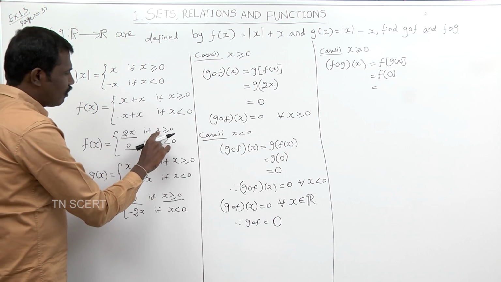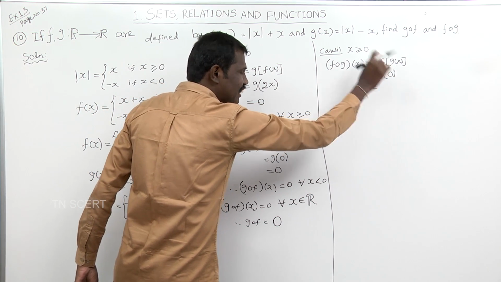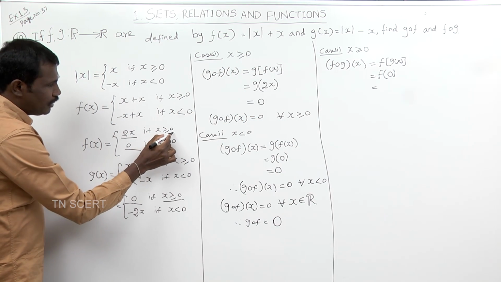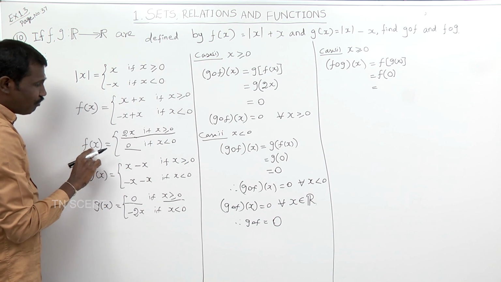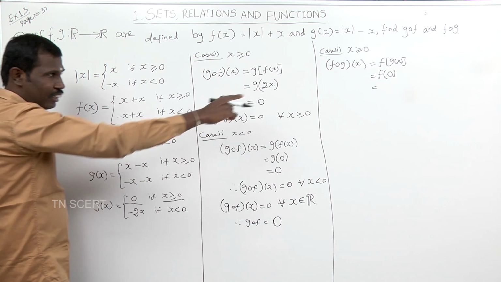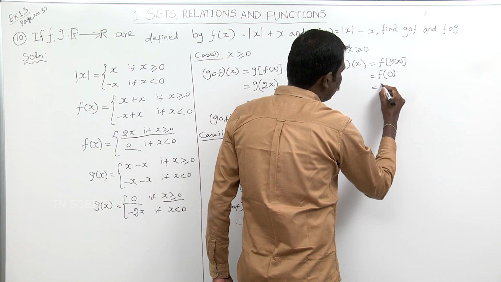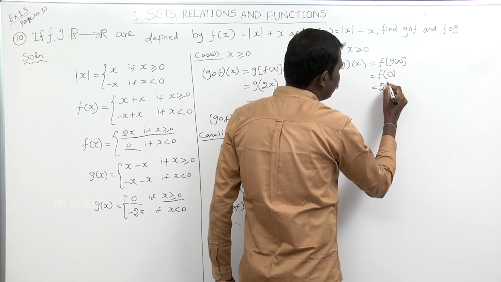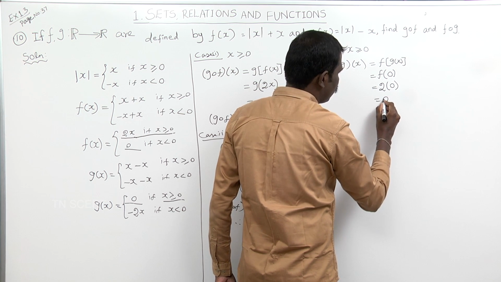Here, f of 0 means the value of f of x at x equal to 0. f of x is equal to 2x if x is greater than or equal to 0. Here x is 0. Therefore, f of x is 2x, that is 2 into 0, it becomes 0.